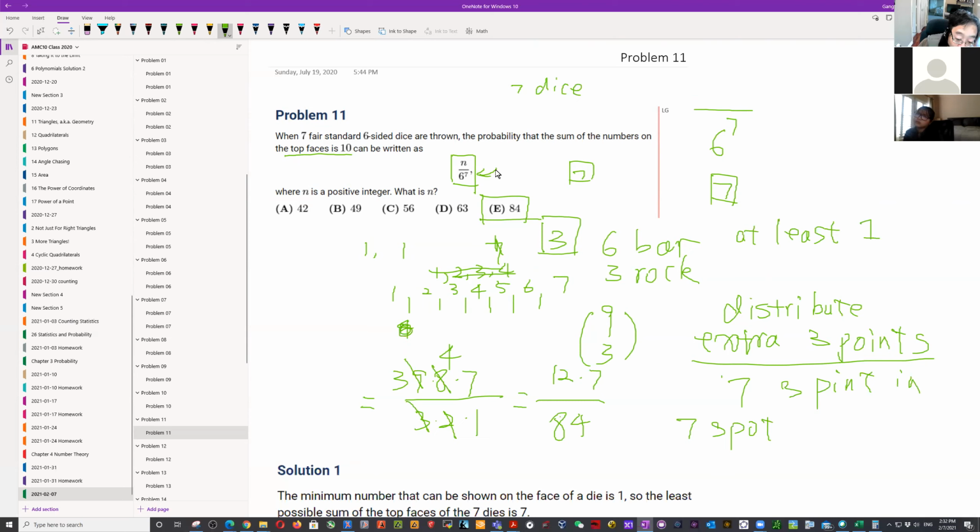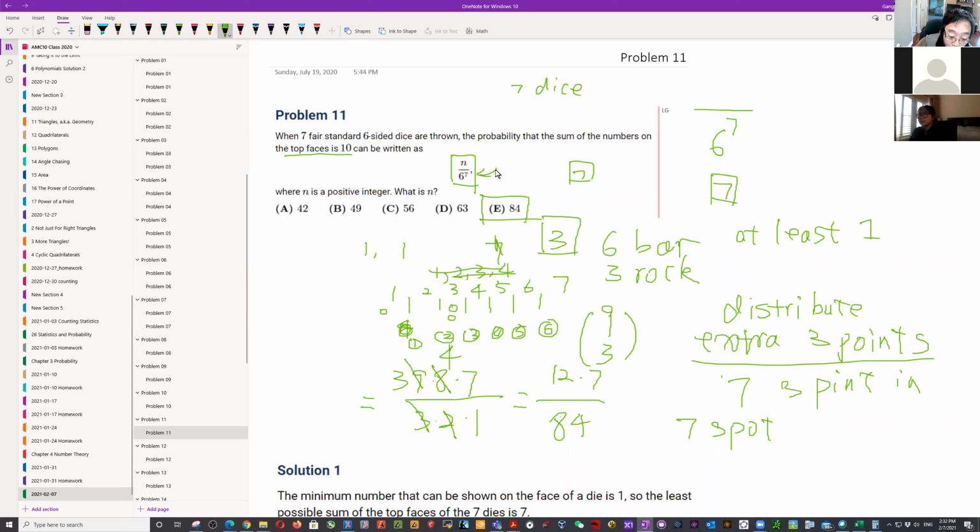I'm actually labeling the separator. So I have 6 separators to separate the extra 3 points. The 3 points are not using numbers, because using numbers is very difficult to represent. So I'm just using pure circles.